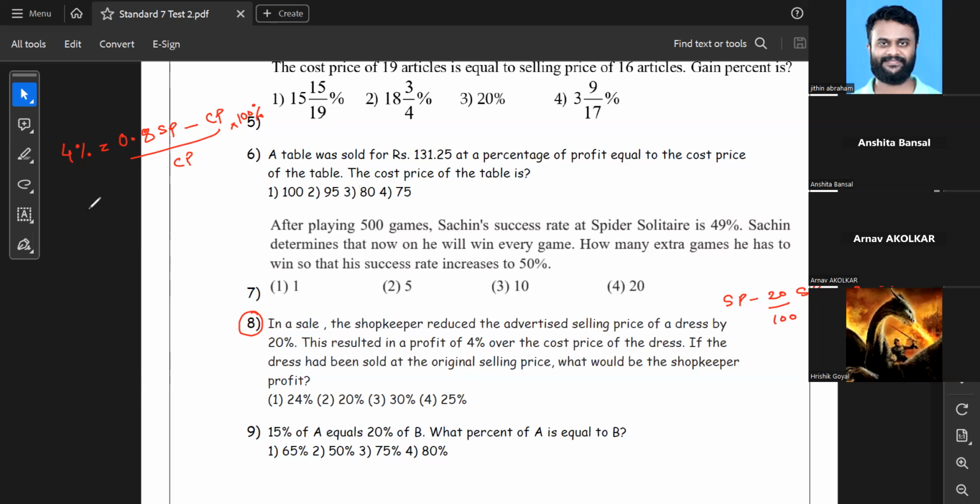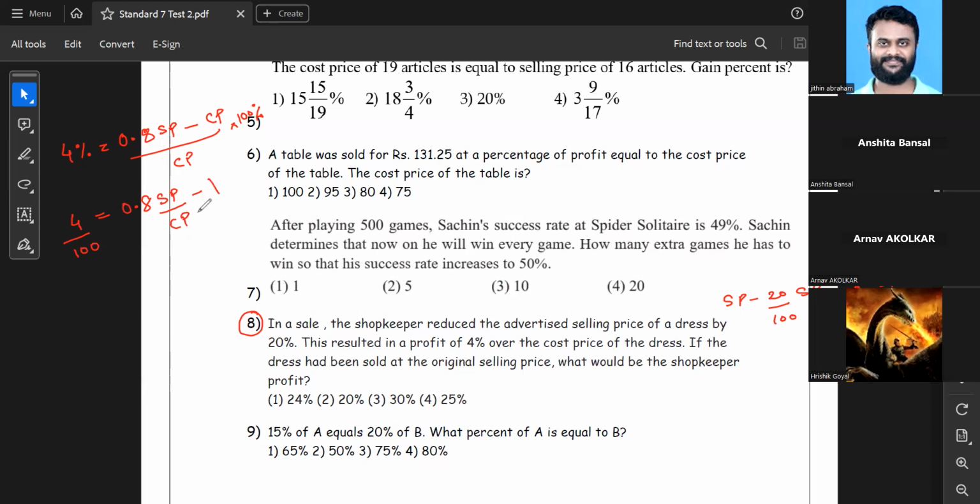Now for that I'll give you a simple technique to solve this. It's like 4 upon 100 is equal to 0.8 SP upon CP minus 1, dividing by the denominator. I bring the 100 down, so this gives me 4 upon 100, and here I get minus 1.